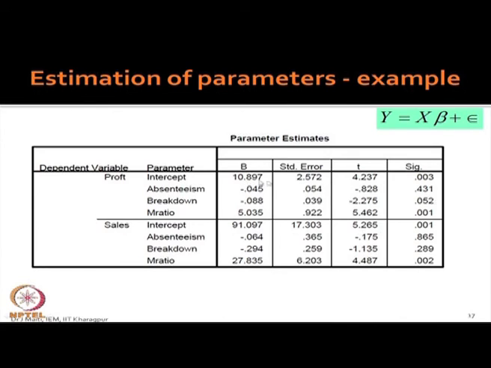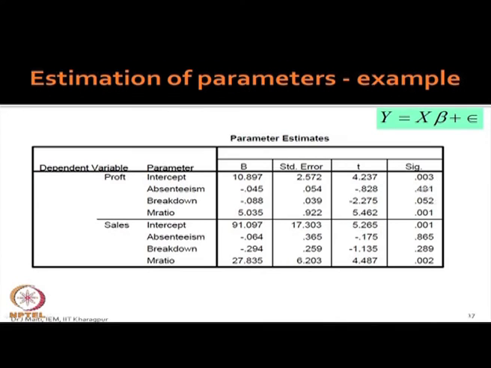So, 10.89 divided by 2.572, how much is it coming? If I multiply this by 4, I think this is coming exactly 4.237.